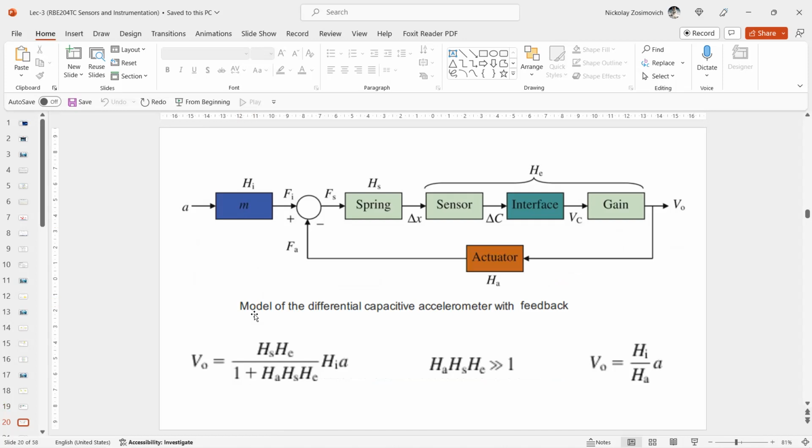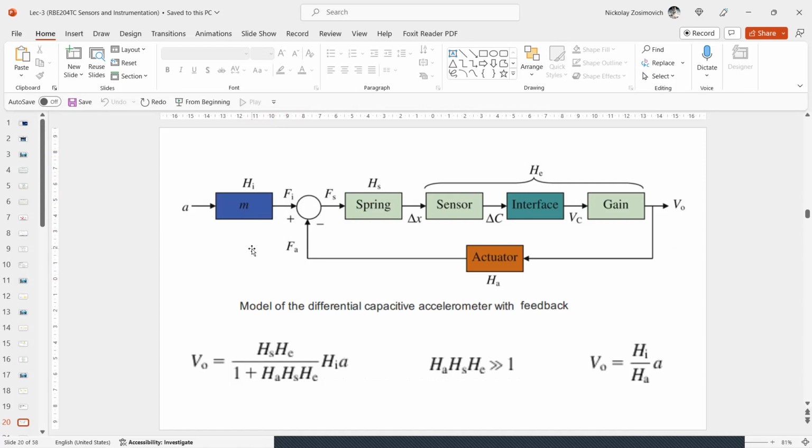A more detailed model of this system, for instance for stability analysis, is depicted in this figure. All transduction steps are visualized in separate blocks. Obviously, the feedback is performed in the mechanical domain by counteracting the inertial force Fi with the electromagnetic force Fa.